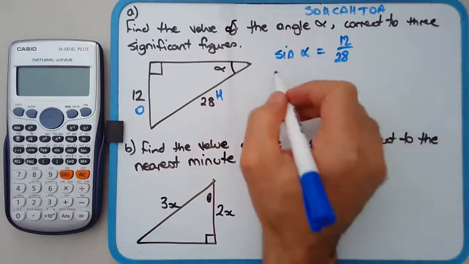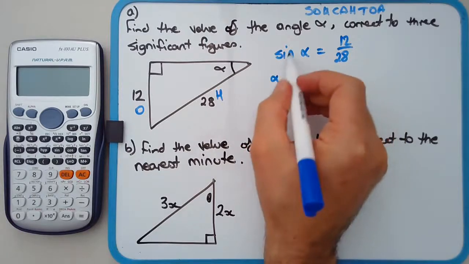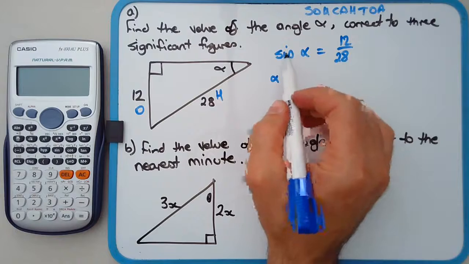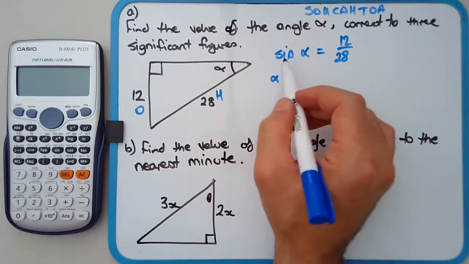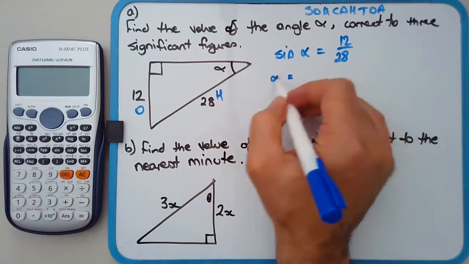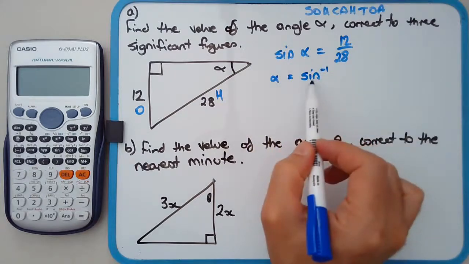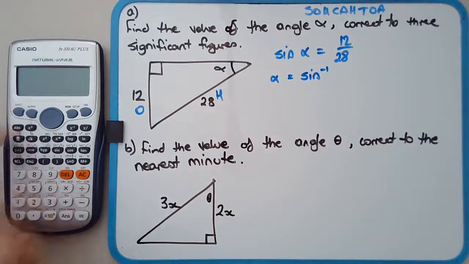Now we need to make alpha the subject of the formula. So we'll leave alpha where it is. Now we actually need to apply the inverse sine function, sort of the opposite of sine, or the reverse of sine. So alpha on its own as the subject can be written as inverse sine. On your calculator, that'll be the shift button, shift sine.